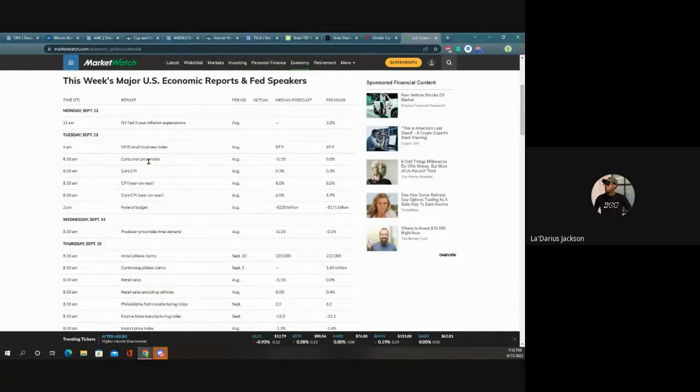I've done quite a bit of research on the CPI, and they're saying that the CPI should come in with good numbers because of energy prices. Energy prices are a large factor when it comes to tabulating the CPI, and from what I've researched, energy prices have dropped.